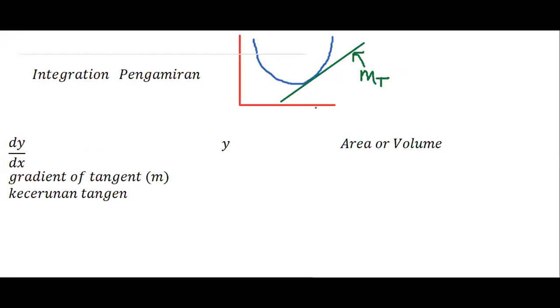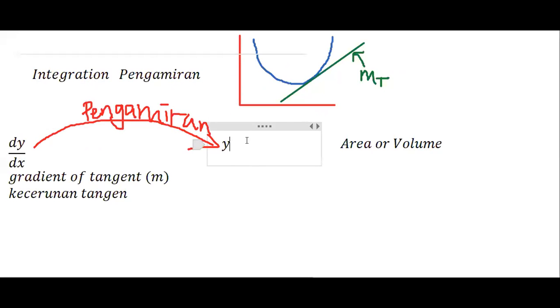So macam mana kita nak cari balik lengkung dia? How to find the equation of the curve? Kita boleh guna pengamiran. We can do the integration. This is what we learned in part 1 already, so I don't talk about this one. But after that, second thing is I can integrate my y. y is curve.